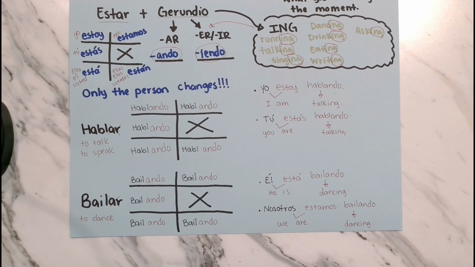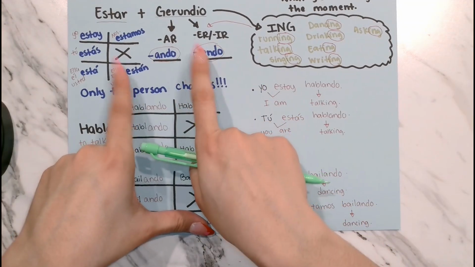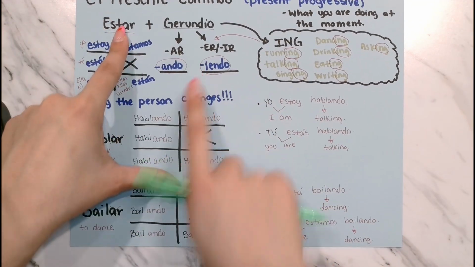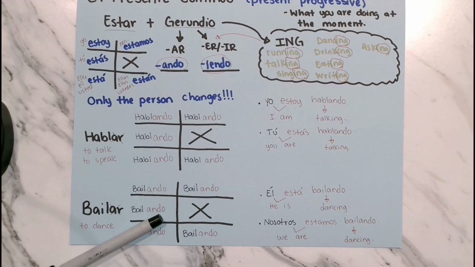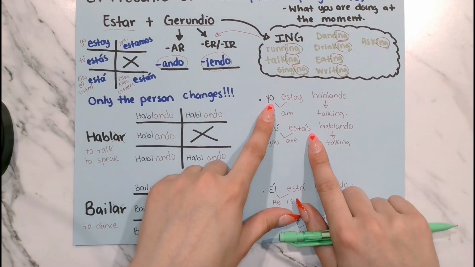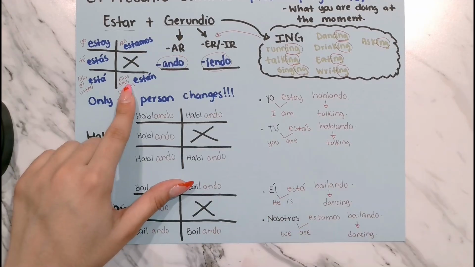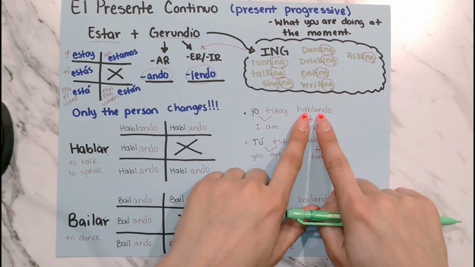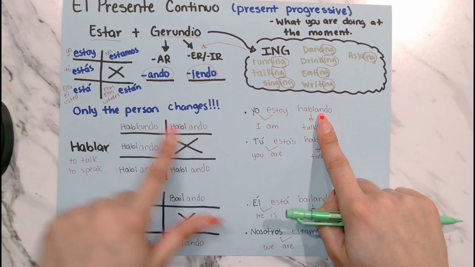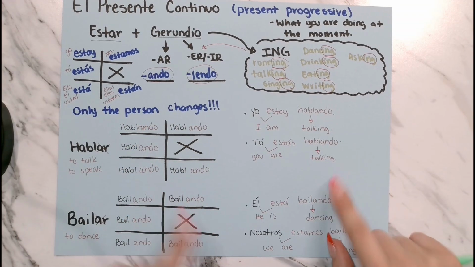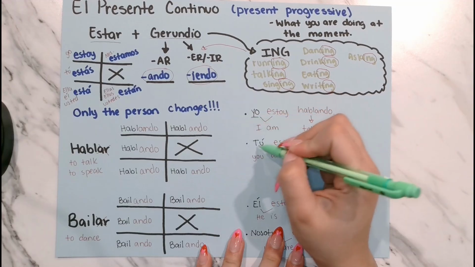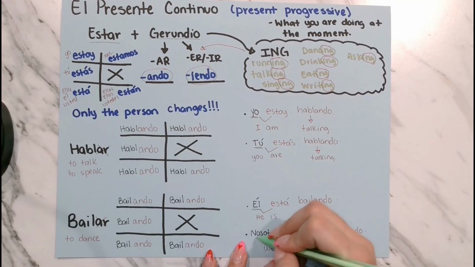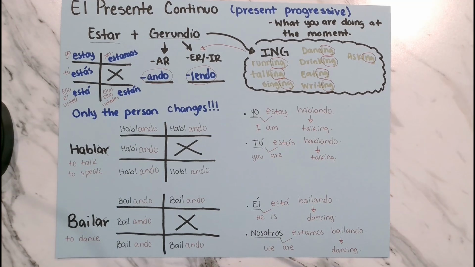As you can see, the only one that is changing between those two is estar, because we have to make sure who we are talking about. I will be using yo, tú, él, nosotros, ustedes. Hablando is going to be the same for all of them. Bailando is going to be the same for all of them. The only one that changes is the person. Any questions, comments, concerns so far?